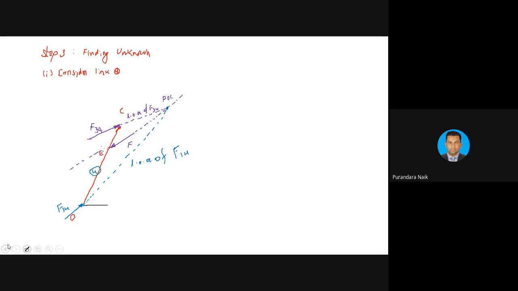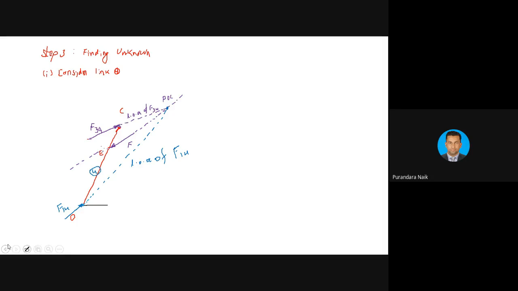Therefore, extend F and F34 in both the directions, and it will intersect at POC.